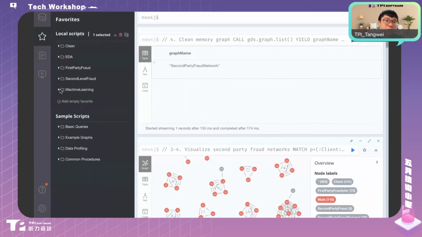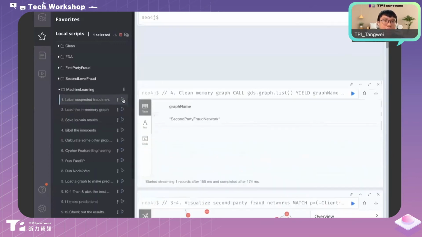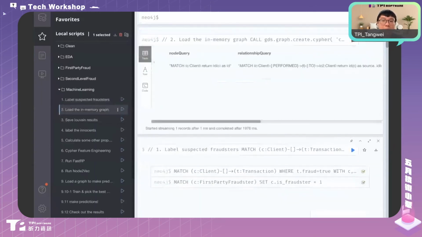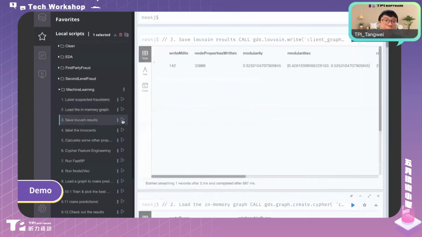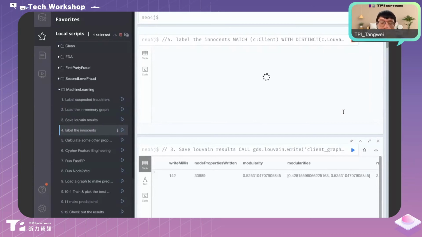Okay, so in this machine learning step for fraud detection, we will use some machine learning technology to detect the possible fraudsters. So here are 8 steps we will perform in this demo.